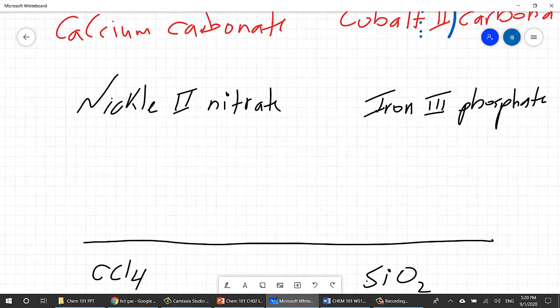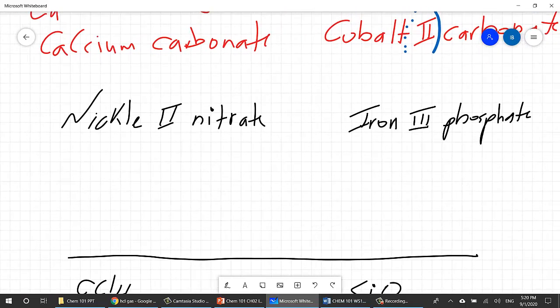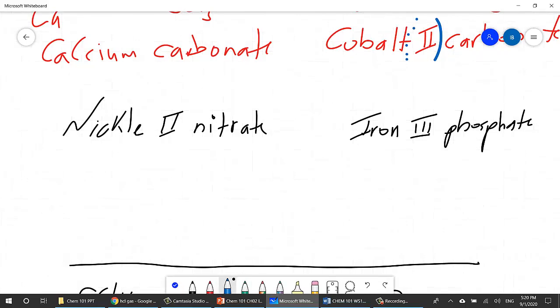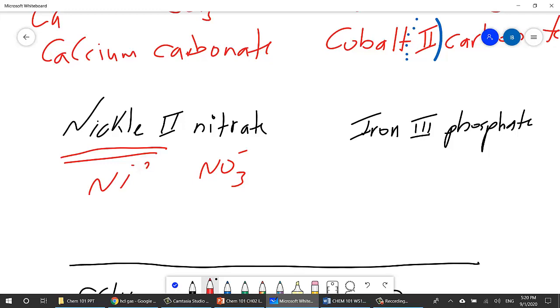If we have been asked what is nickel(II) nitrate and iron(III) phosphate, now I'm giving you the name, you should write the formula. This is even easier because I know this is nitrate, so that must be NO3 minus. Nickel(II) is Ni 2 plus. We have different charges here, so we need to cross multiply.